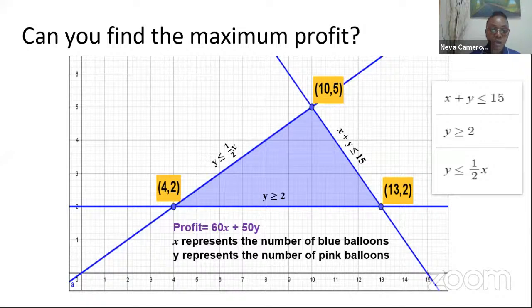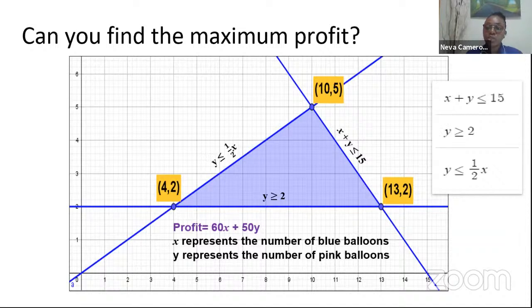Because one, we spoke of, I believe, David or Daniel with 4.2, or David with 10.5, and Sharon with 13.2. Now, here is the profit statement that was given, the cost of one blue balloon. So to make a profit, you will have to sell the blue balloons for $60 and the pink balloons for $50.